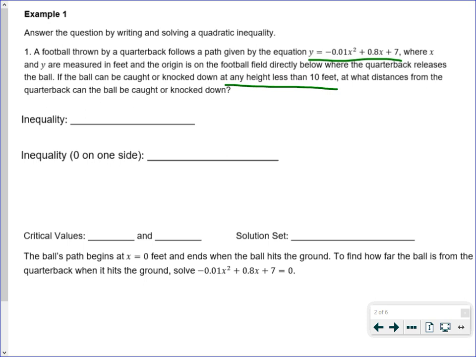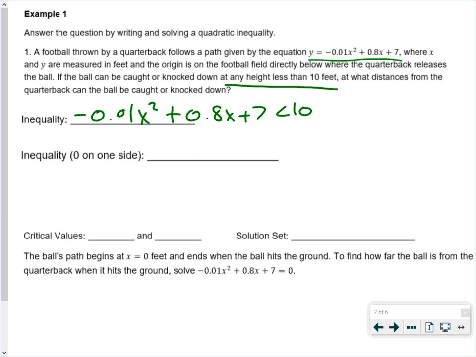And we want to know when the height is going to be less than 10 feet. The y is telling us the height, so we want to know when y is less than 10, or in other words, when negative 0.01 x squared plus 0.8x plus 7 is less than 10. We want to know when the quadratic expression is less than 10.